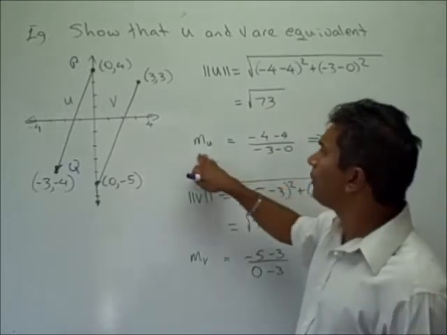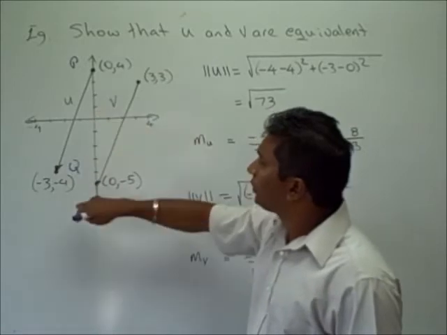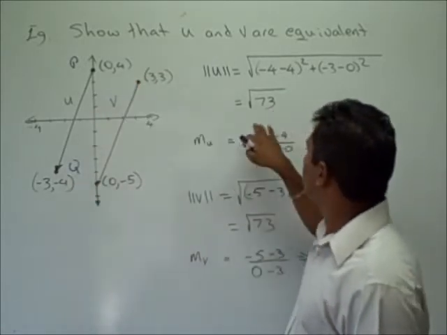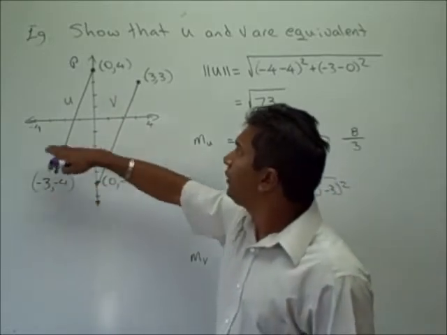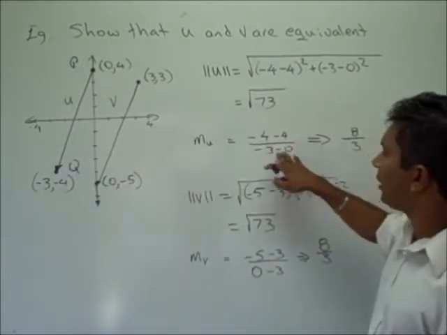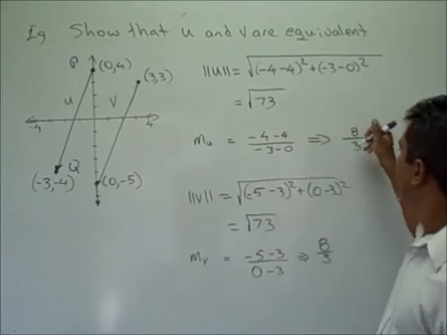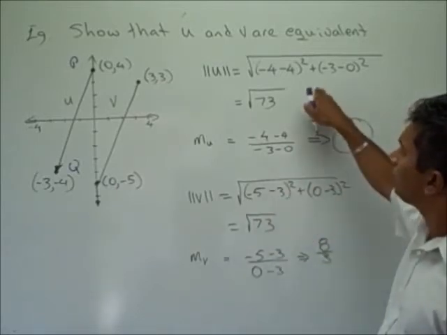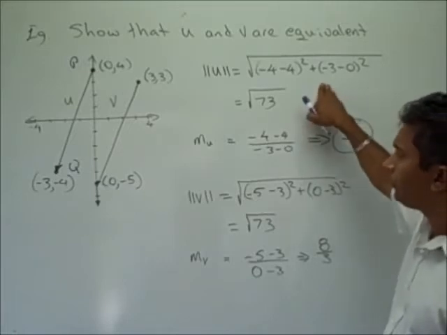To find the slope of u, once again, this would be -4 minus 4 all over -3 minus 0. So this is -8 over -3, which simplifies to 8/3. Now we have the slope of u and the magnitude of u.